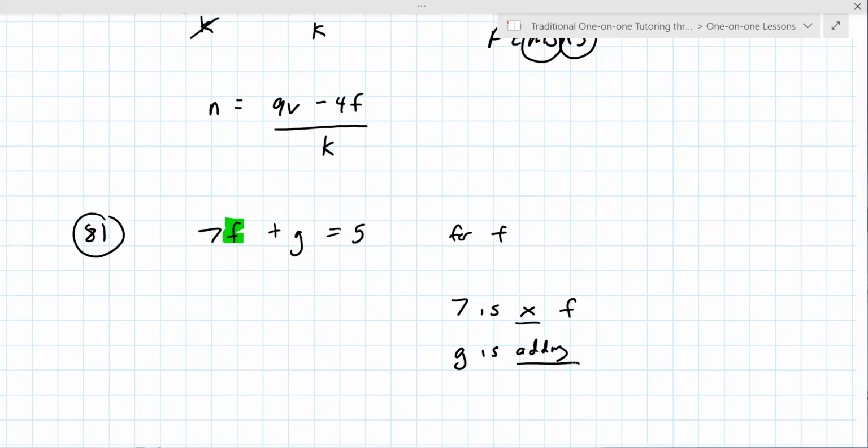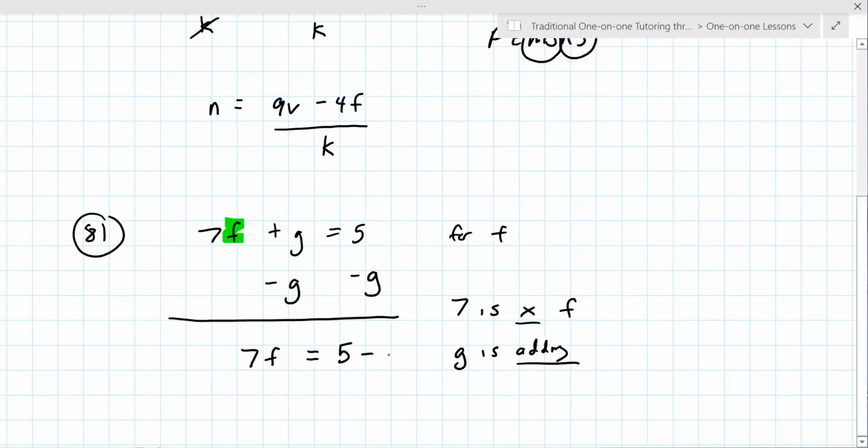Whatever makes sense to you, but it's not left to right. It's just whatever is there. And then you decide which you undo first, the addition or the multiplication. The addition. So you're going to subtract g from both sides. 7f equals 5 minus g. Those don't go together.